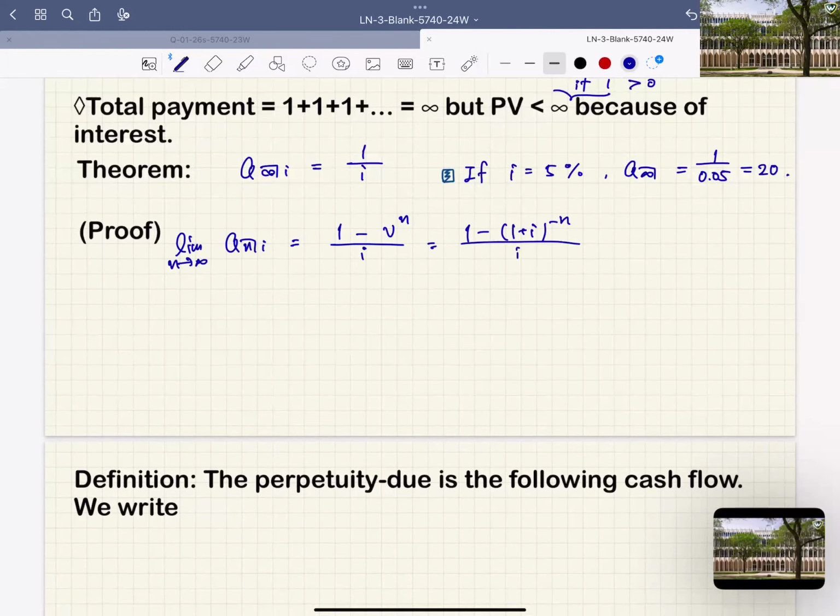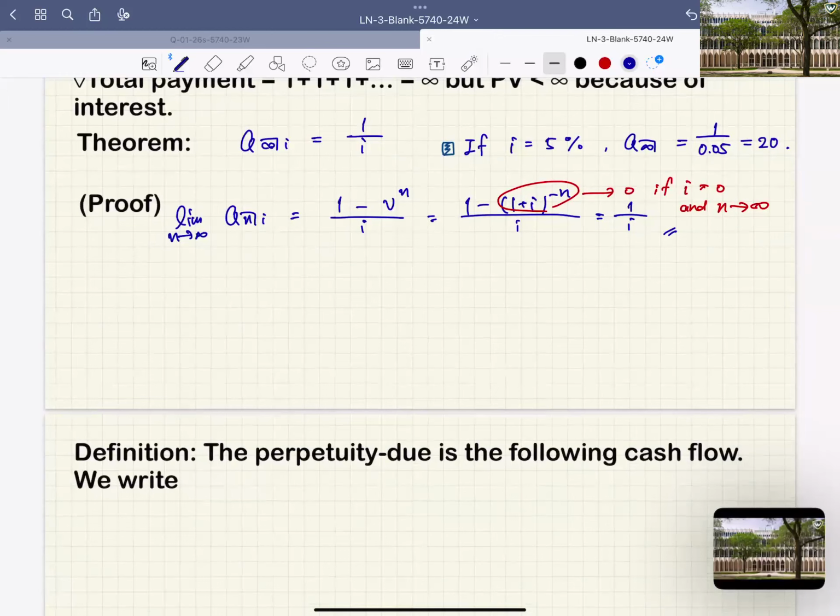And this becomes 0 if i is positive and n goes to infinity. So then this becomes just 1 over i. So that's the proof.